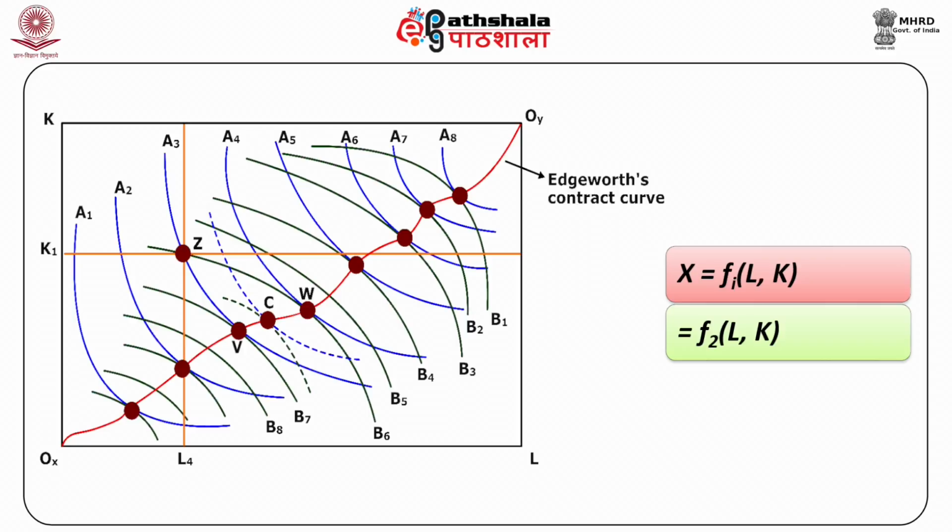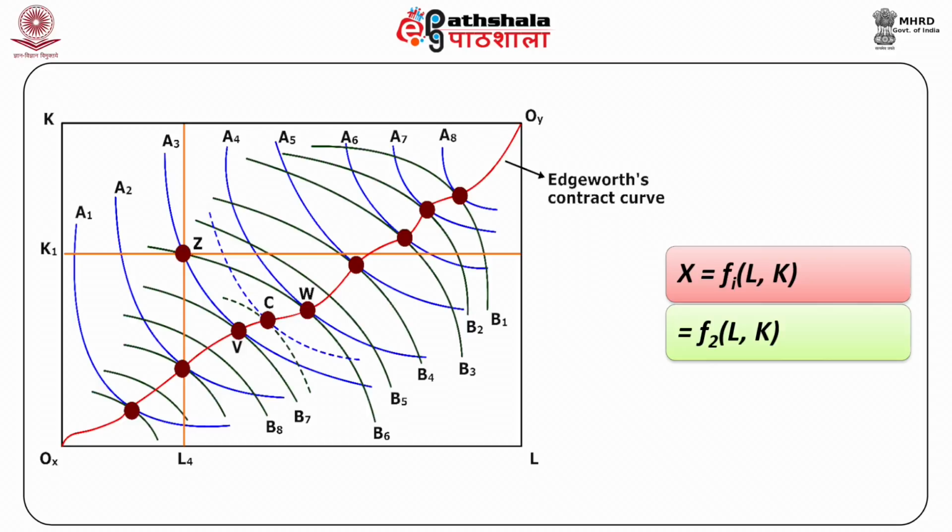Therefore, as we have said, there are pairs. One pair, please notice, is A5 and B4. Similarly, you have A7 and B2. You have A4 and B6. So, these are all the pairings of isoquants.